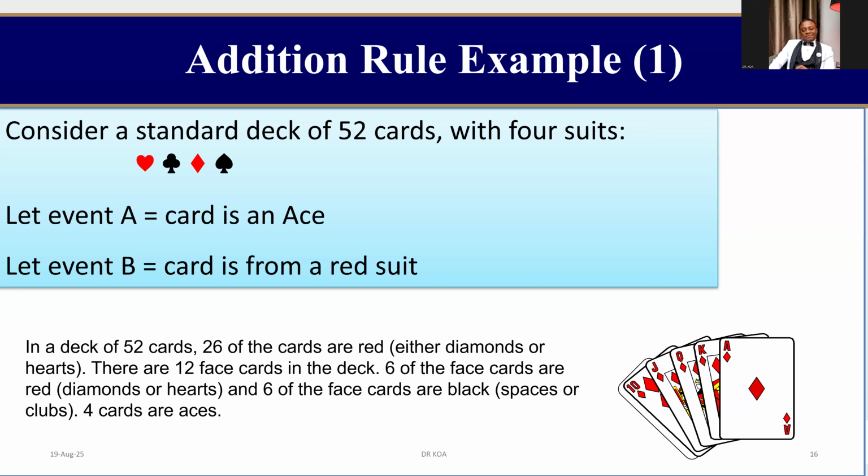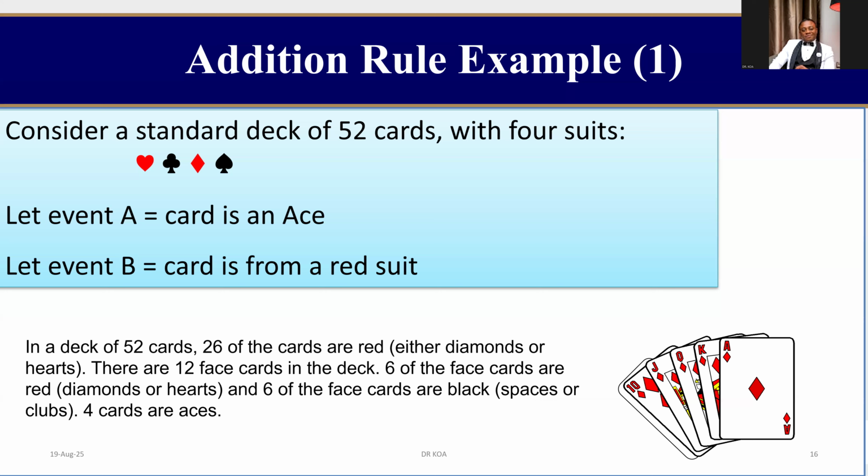Now, how many red cards are there? How many diamonds? How many clubs? How many spades? Each one of them carries how many? 13, 13, 13.